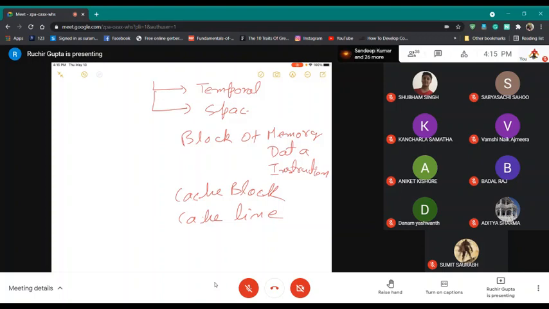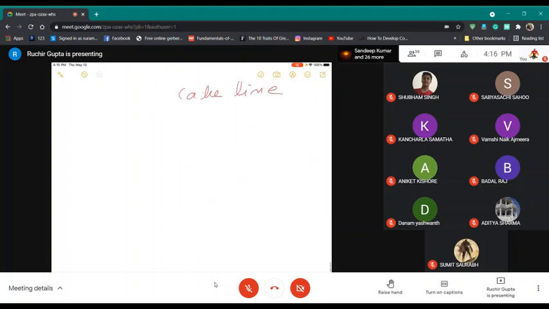Of course, first is the structure of cache. And another is the replacement algorithm.